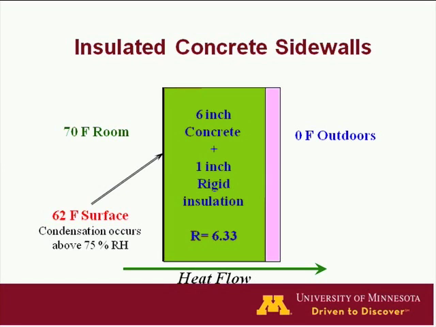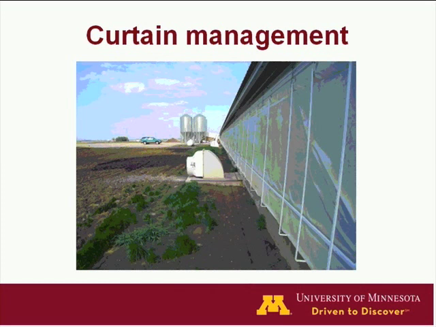So insulating livestock buildings is really first and foremost to prevent condensation or keep our surfaces dry, but it certainly also will reduce heat flow and save us some energy.